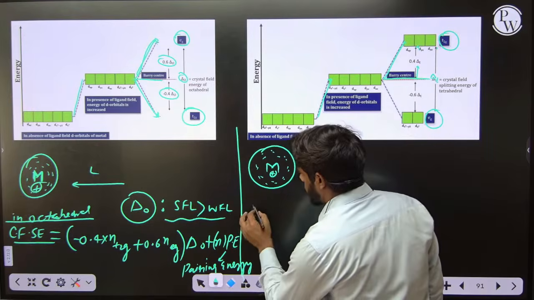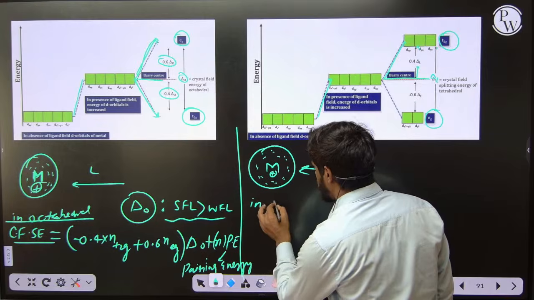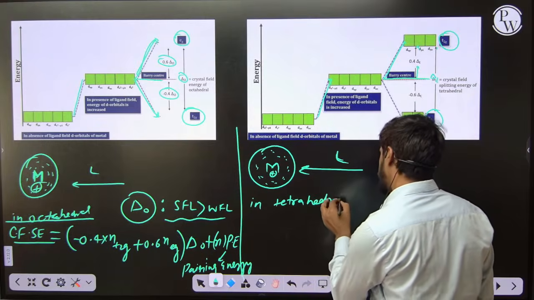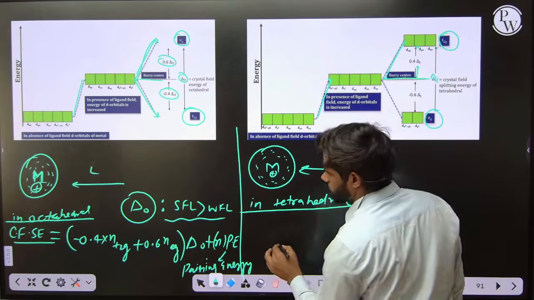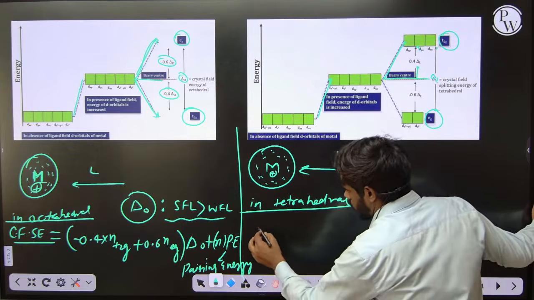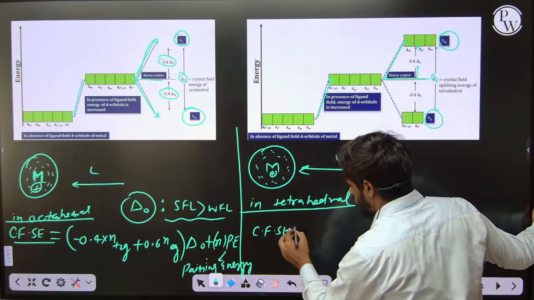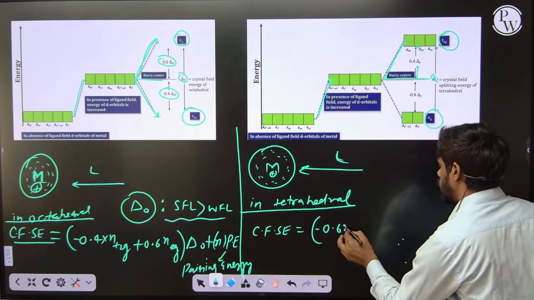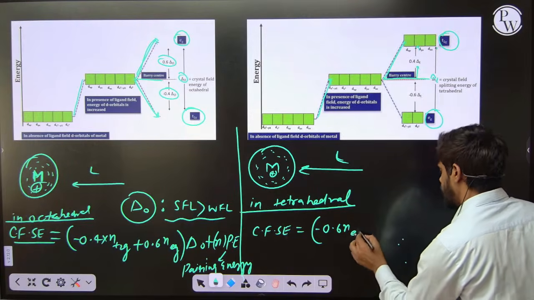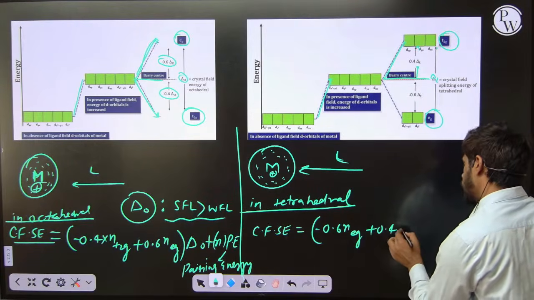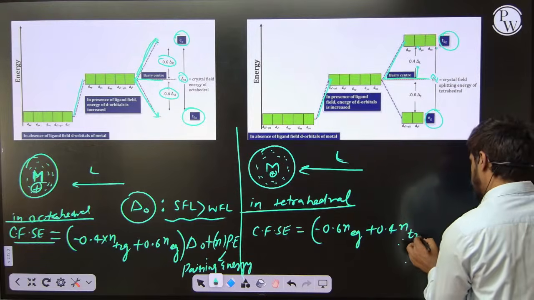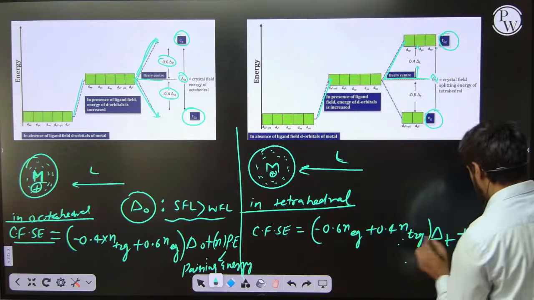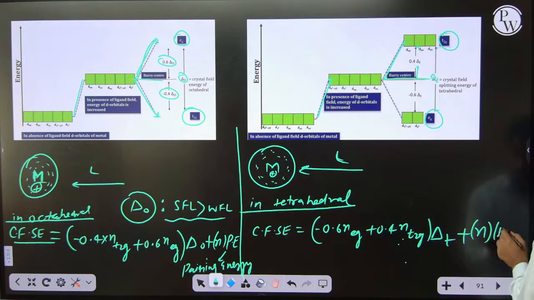Similarly, the CFSE value for the tetrahedral is minus of 0.6 into the number of eg electrons plus 0.4 times the number of t2g electrons into delta T, plus x into the pairing energy, where x means the number of unpaired electrons.